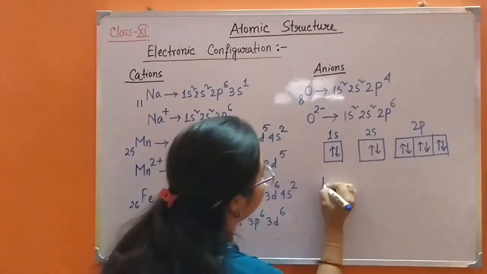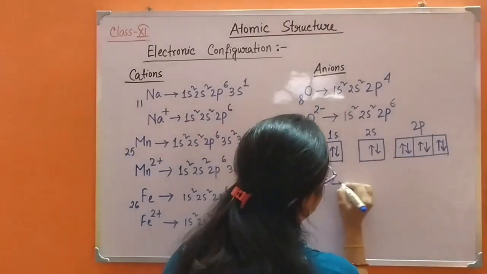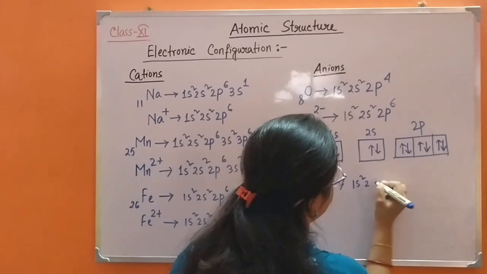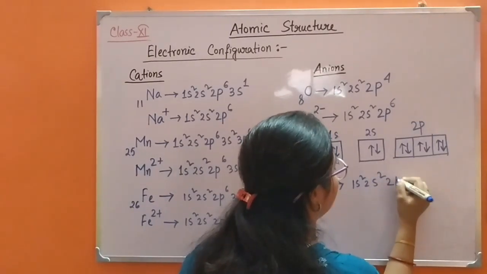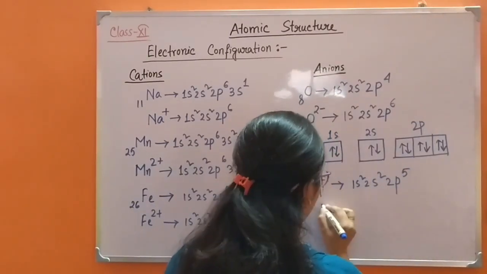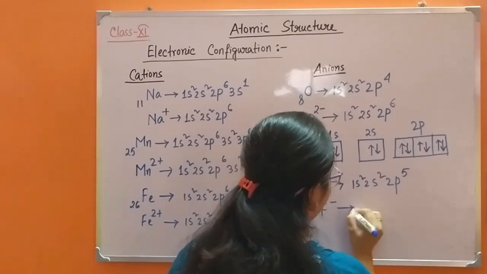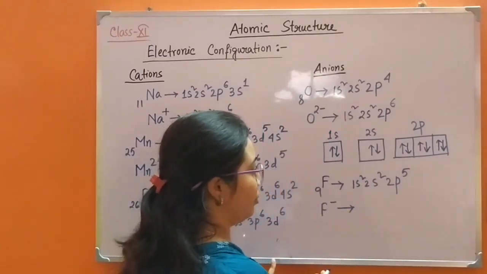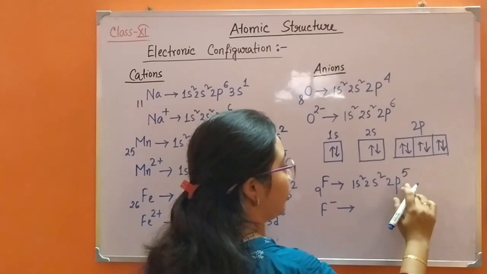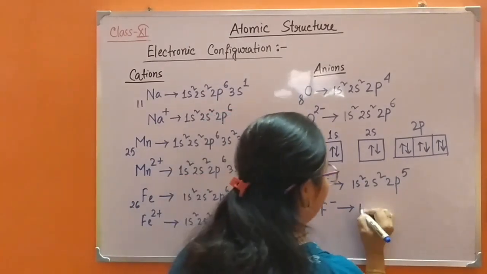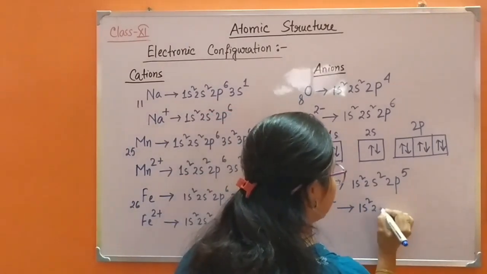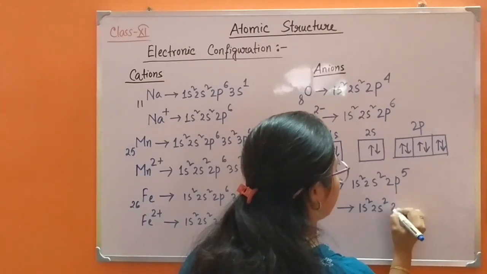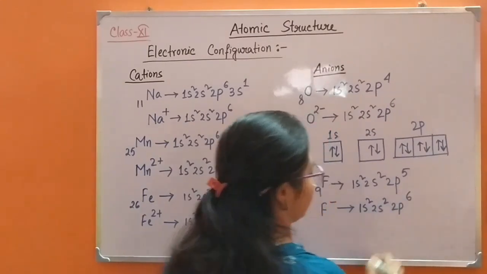Next, fluorine. Atomic number 9 and electronic configuration is 1s2, 2s2, 2p5. To form F- ion, 1 electron will be accommodated in the 2p orbital. So, electronic configuration of F- is 1s2, 2s2, 2p6.